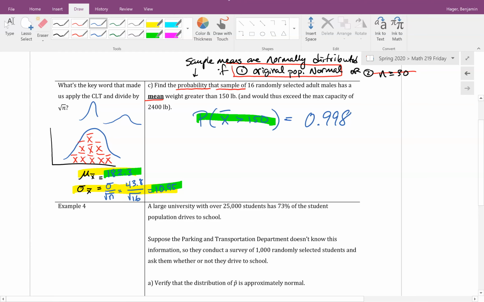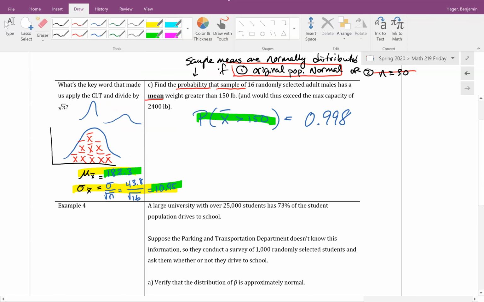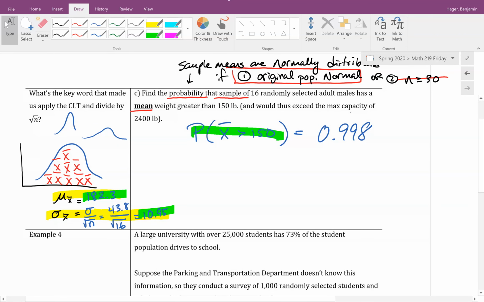99.8% probability that if you get a group of 16 adult males together, their average weight will exceed 150 pounds. That doesn't sound quite right, what I just said up there. Really, you got to think about it as out of those 16 people, if you were to find the average weight of an individual out of those 16 people, that would exceed 150 pounds.